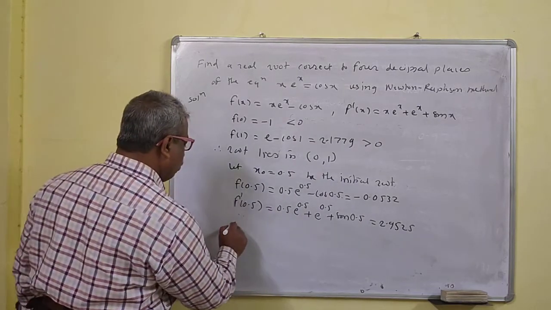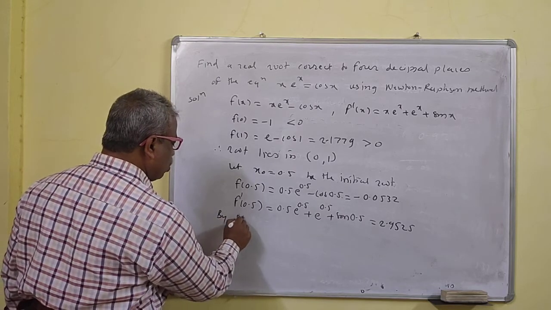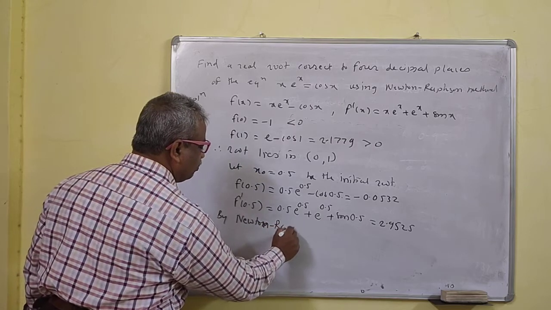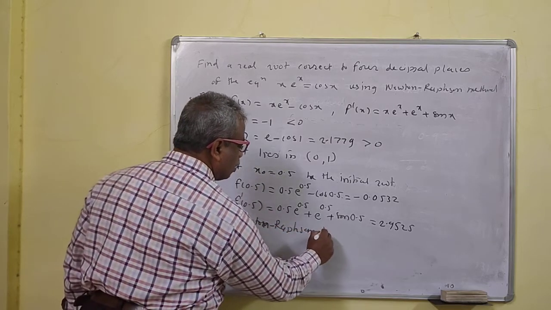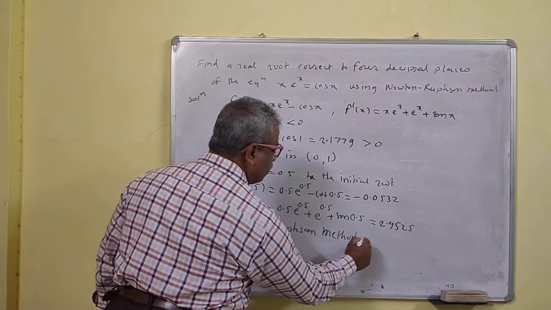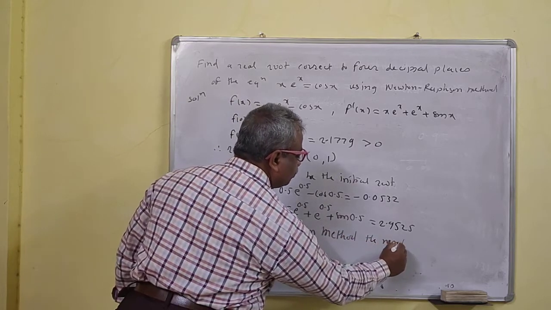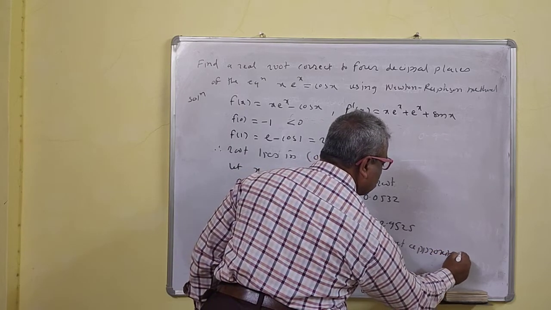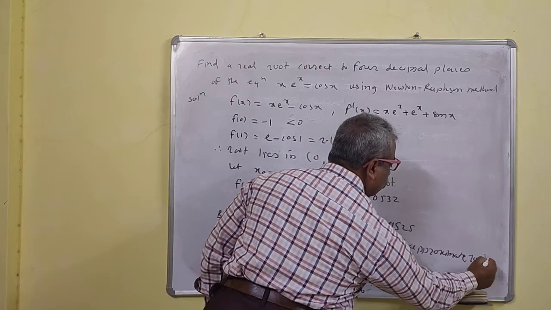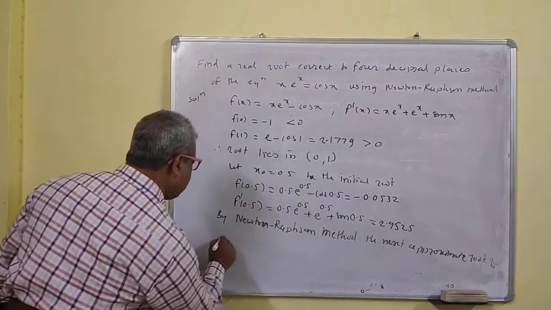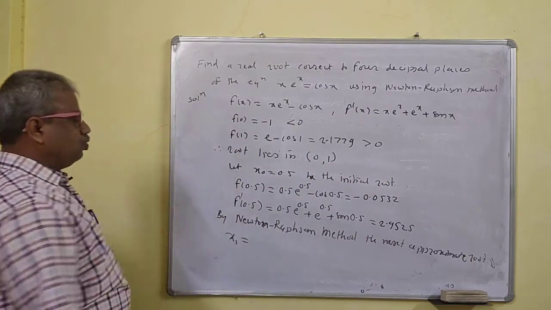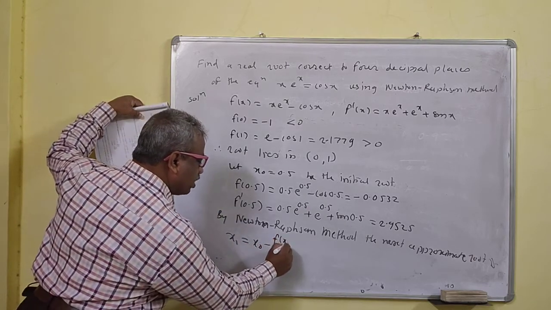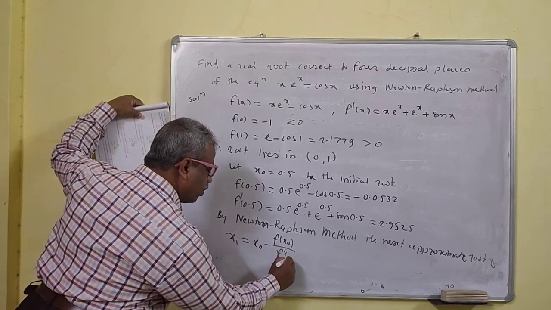Okay. So now by Newton-Raphson method, the next approximate root is x1 is equal to x0 minus f of x0 upon f prime x0.